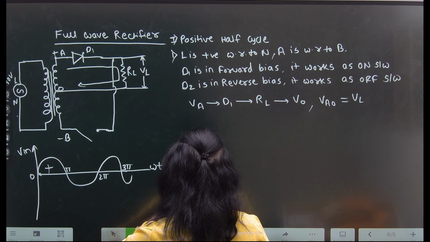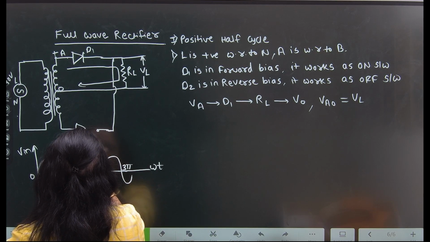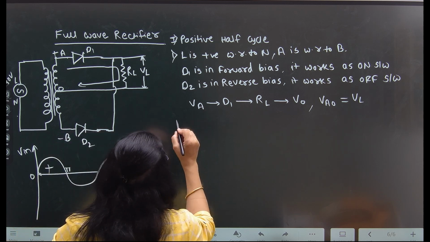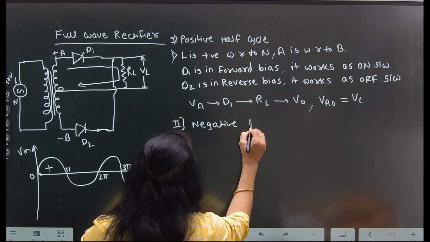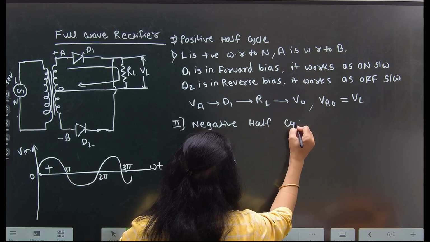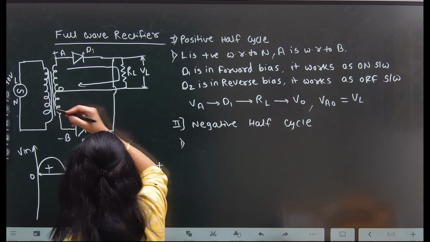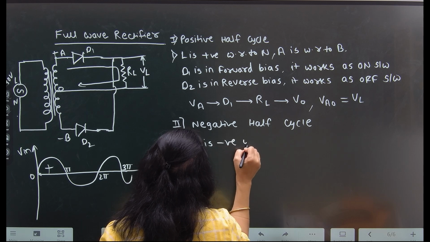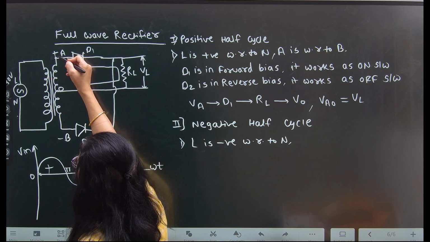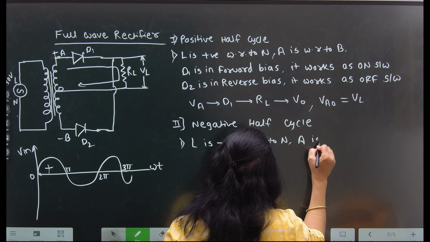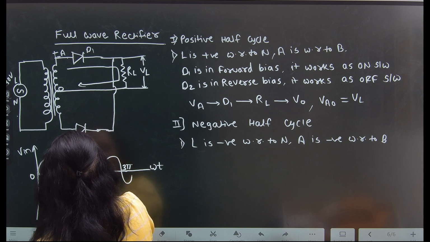Now consider the negative half cycle. In the negative half cycle, L is negative with respect to N. If L is negative with respect to N, that means at the secondary winding, A is negative with respect to B. That means this one is negative and this one is positive.